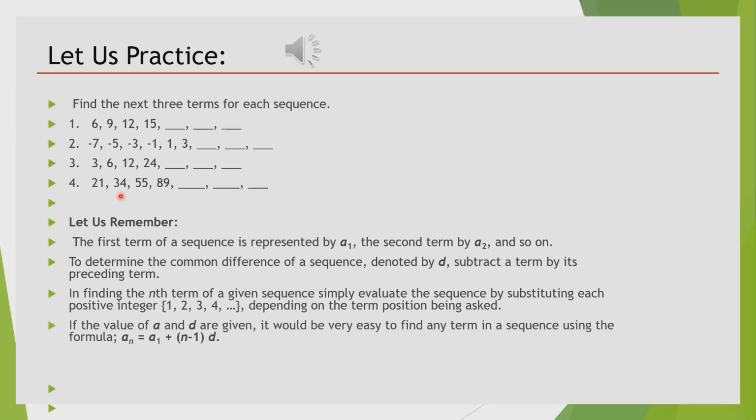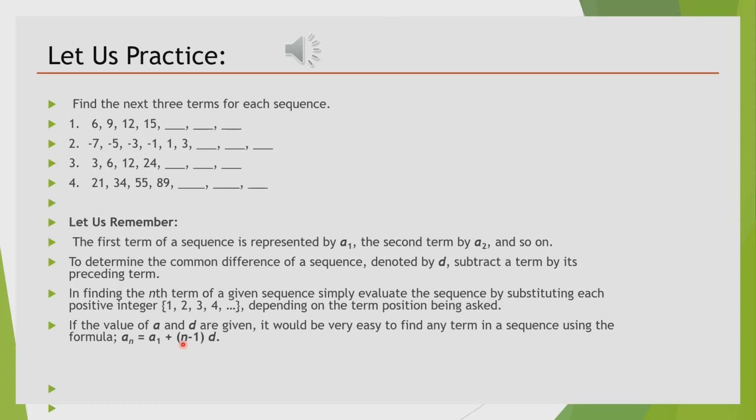Now, if the values of a sub 1 and d are given, it would be very easy to find any term in a sequence using the general formula, which is a sub n is equal to a sub 1 plus the quantity n minus 1 times d. All you need to do is identify the a sub 1 and the difference, and then substitute to get the term you want to look for.